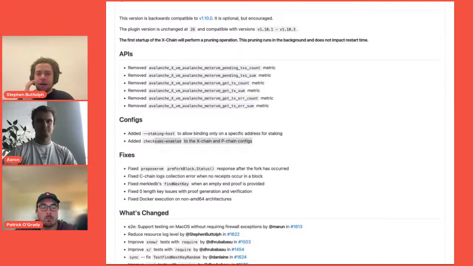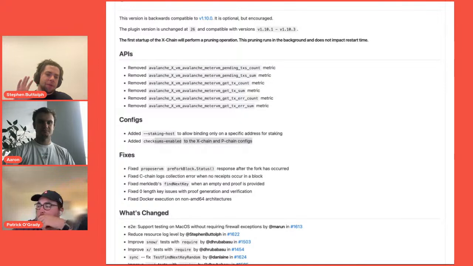We also fixed a very subtle bug in bootstrapping in this release. I think that there was only one person that reported this issue, but it might be that there were other people that ran into it.